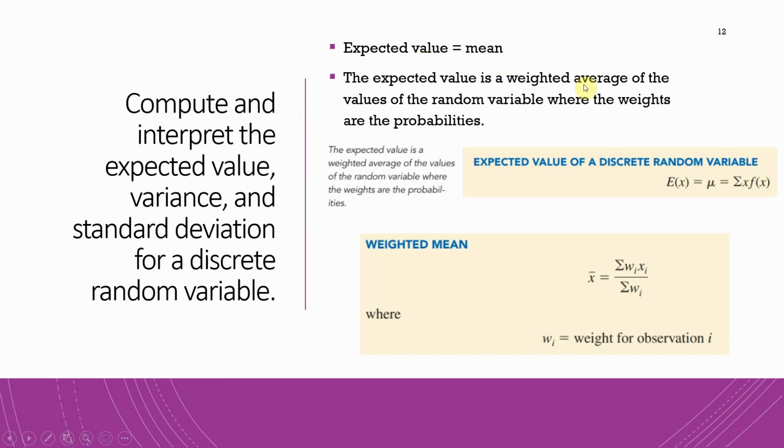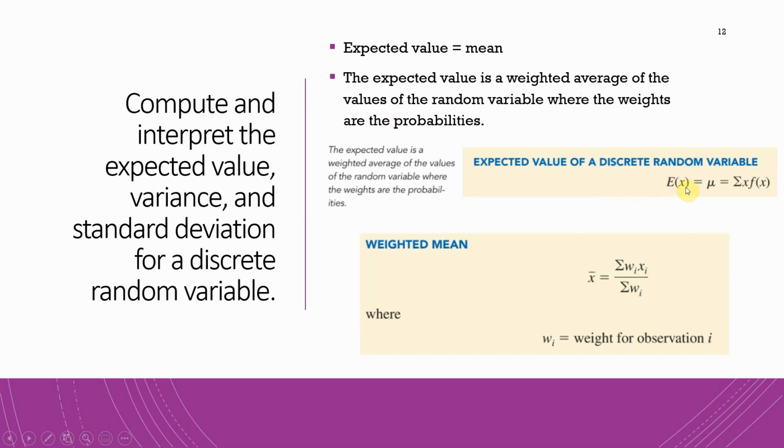So when we're calculating the mean, the expected value is a weighted average, now note that's very important, of the values of the random variable where the weights are the probabilities. I know that sounds like a mouthful, and it is, but let's break this down. So here's the actual equation for the expected value.